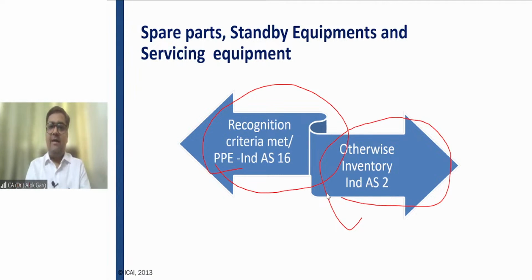We understood that the PPE has to be recognized as a PPE, means any item needs to be recognized as PPE. Number one, it should meet the definition of PPE. Number two, it should meet the recognition criteria. Means when you are using that item, when you are using that asset, you will have some future economic benefit. Right?